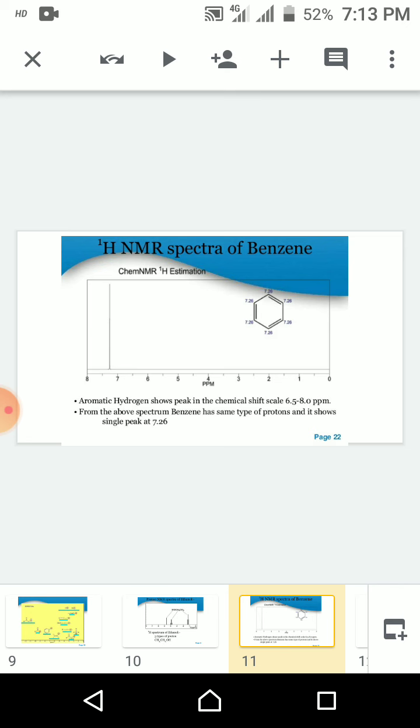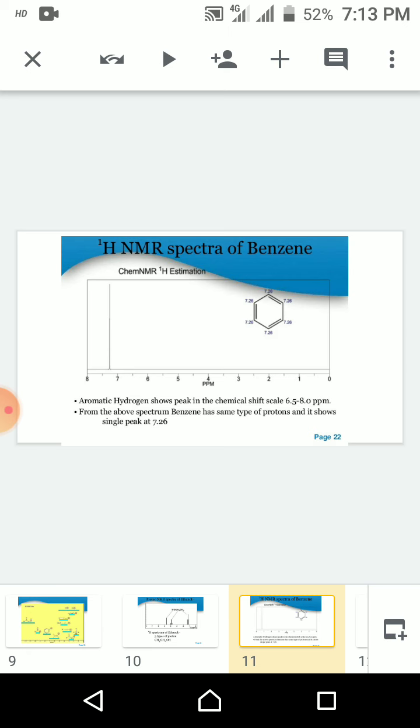The spectrum of benzene has the same type of proton, and it shows a single peak at 7.26, because it has resonance. Through the resonance, its chemical shift is set, that means uniform.